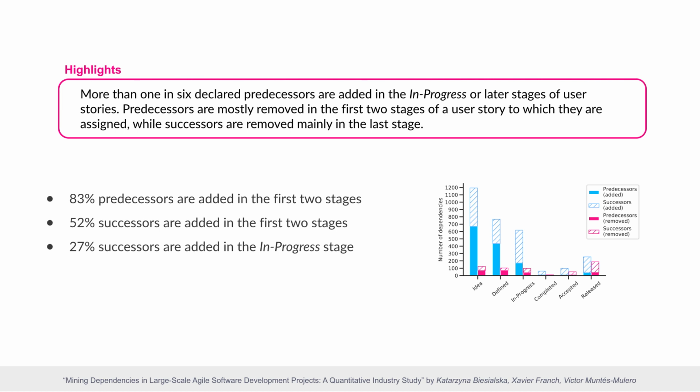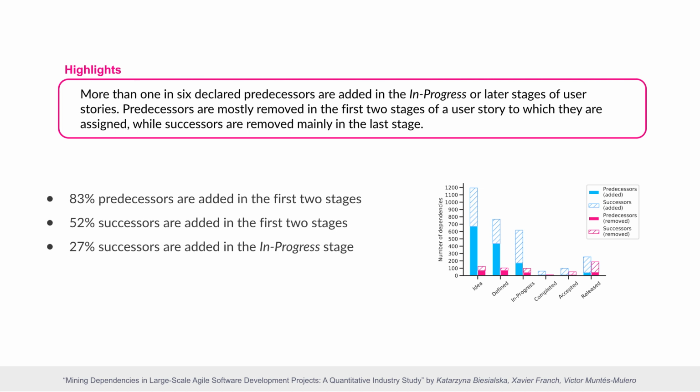In this stage, a user story is in the team's backlog, but its development hasn't started yet. Followed by the in-progress stage, a first active working state for a user story where actual development starts, followed by the completed stage where the development team and testing have been finished and the work is waiting for a product owner to verify.